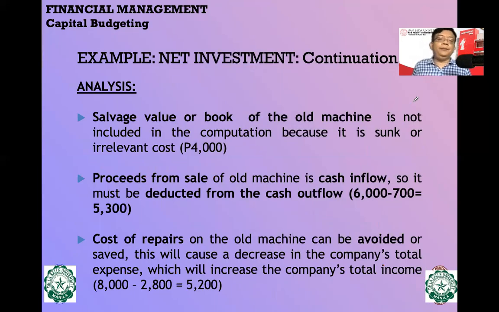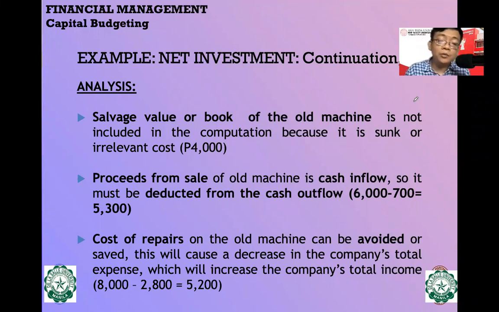Alright. So, this is our explanation. Salvage value or the book value of the old machine is not included in the computation because it is a sunk cost. Take note, the 4,000 is irrelevant here. But it is relevant in computing for our tax benefit, because 6,000 minus 4,000 proceeds from the sale of the old machine is cash inflow.